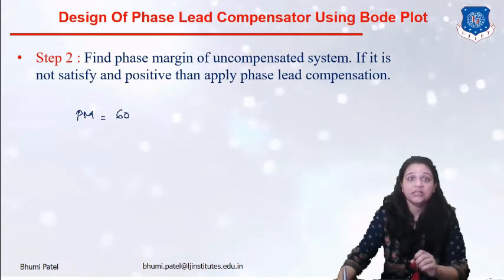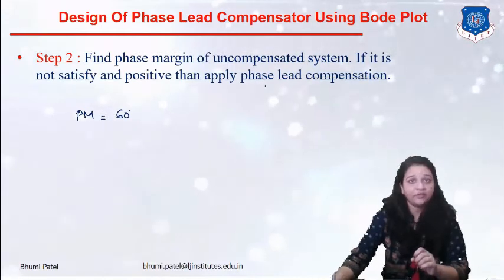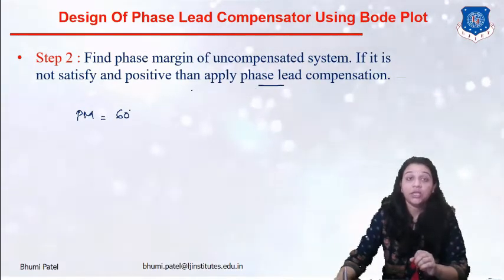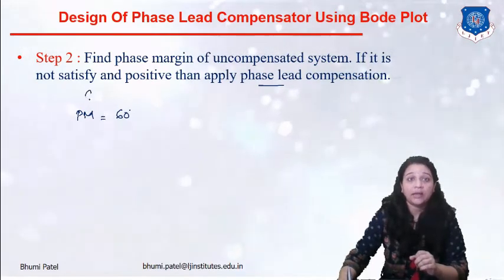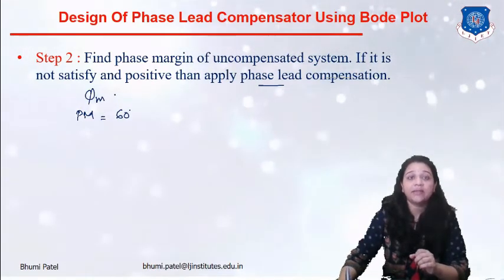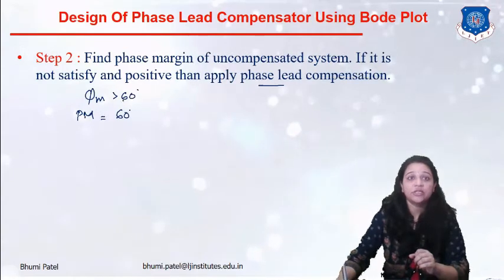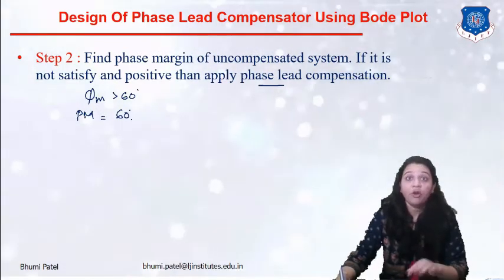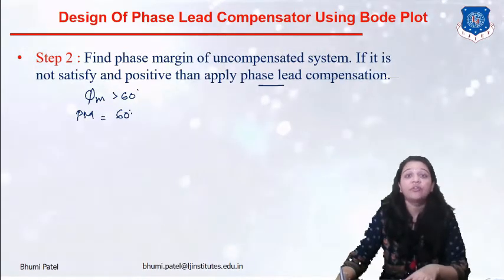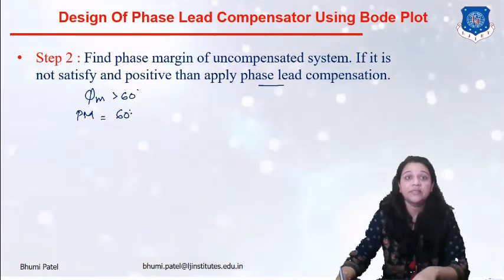Suppose 60 degrees is given, so we have to apply a phase lead compensator if the value of the phase margin, or the angle, is less than 60. So if the value of the PM is positive, or greater than 0, then we have to apply phase lead compensation.